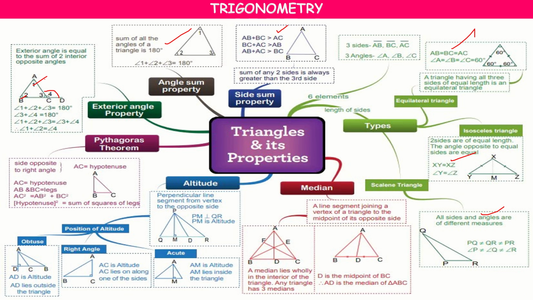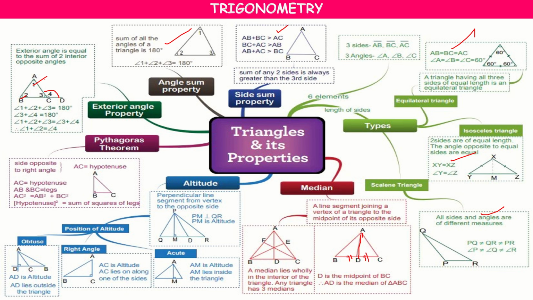Next, lines. And this is a median. See, if you draw a line segment from a vertex to the opposite side, that line segment is nothing but a median, and this median will divide the opposite side into two equal parts, like B to D, whatever the distance will be, and D to C will also be the same distance.